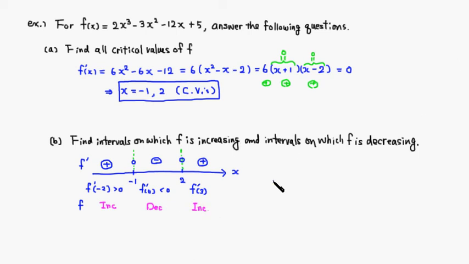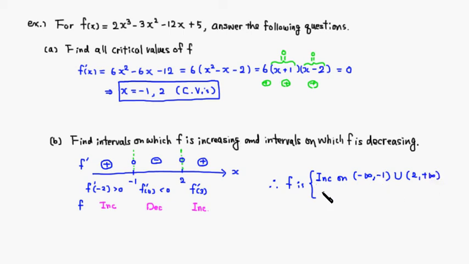Therefore, f is increasing on the interval from negative infinity to negative 1, and I'm going to use a notation called union to combine intervals, also from 2 to positive infinity.